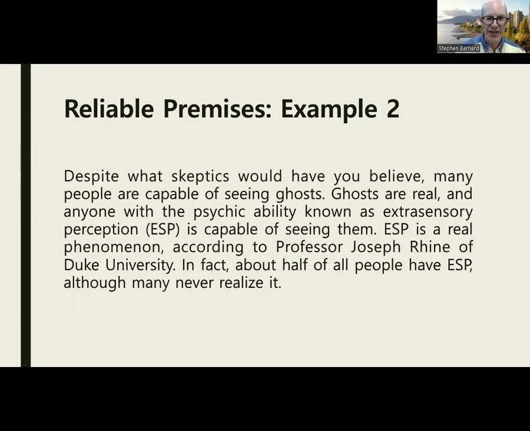One of the big problems here also is, we'll talk about this later in the course, where we talk about using sources to your advantage. The argument uses Professor Joseph Ryan as an expert. However, we have no idea, first of all, what is Joseph Ryan's specialty?